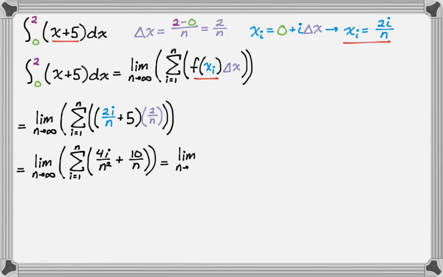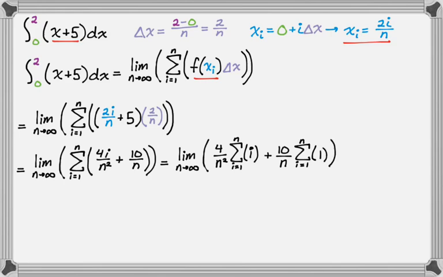So we still have our limit. I'm taking out 4 over n squared, which leaves me with just the sum of i. Then I'm going to take out 10 over n, and that leaves me with just the sum of 1. Now we need to have some formulas memorized. Let's start by writing what we know. So 4 over n squared just stays.